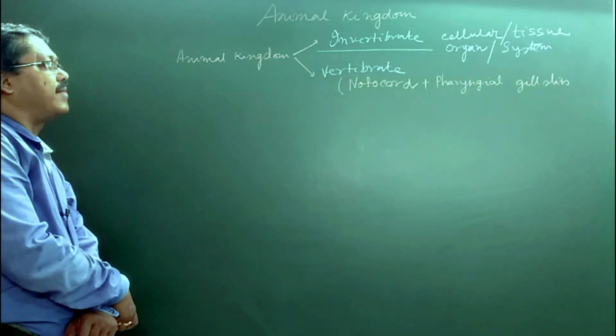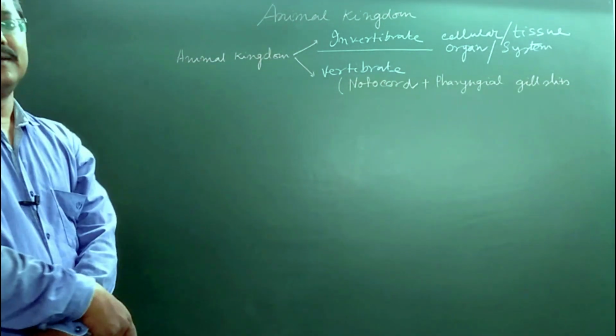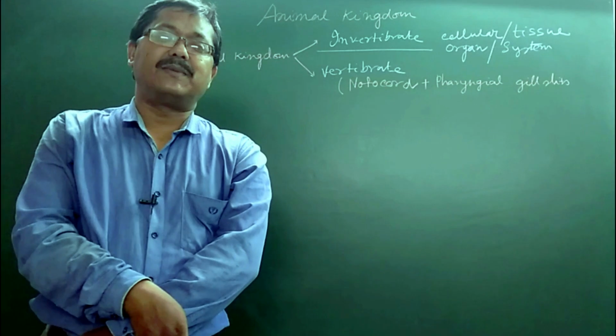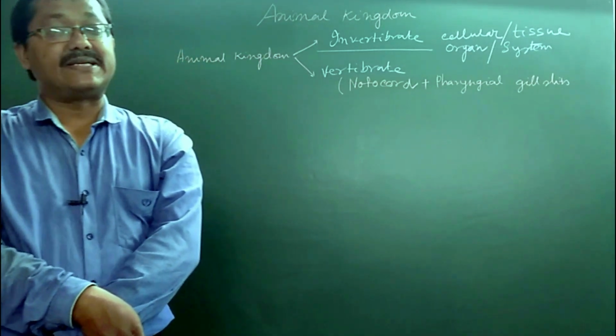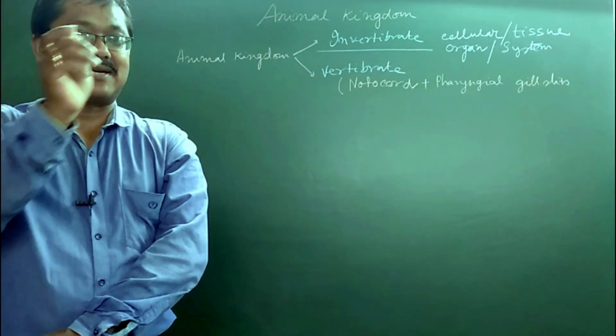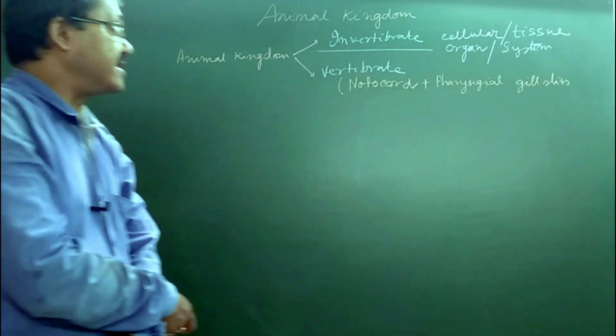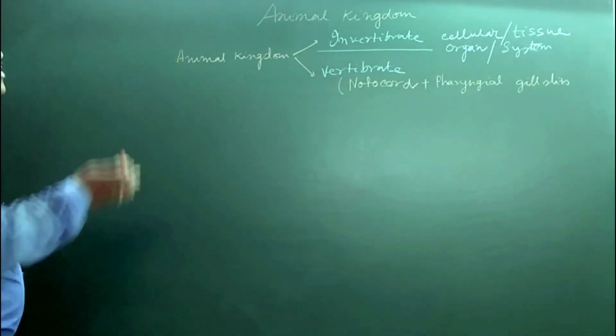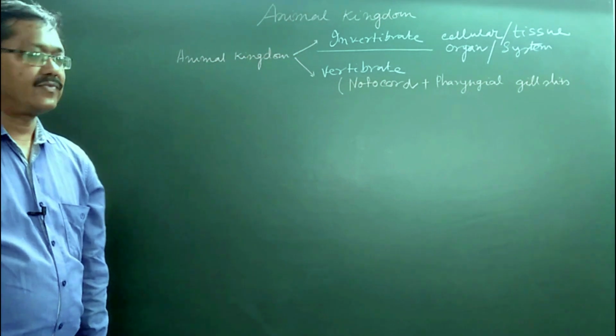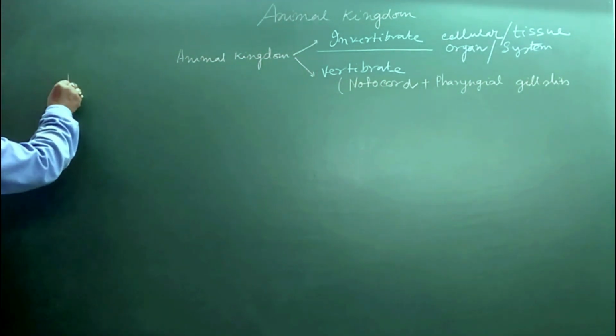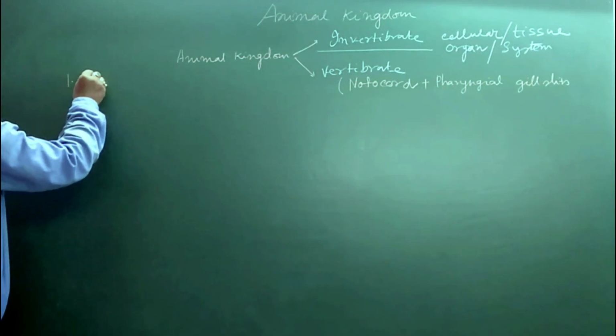When we consider invertebrates, on the basis of their similarities and different characteristics, they are classified. The first characteristic is their body organization.